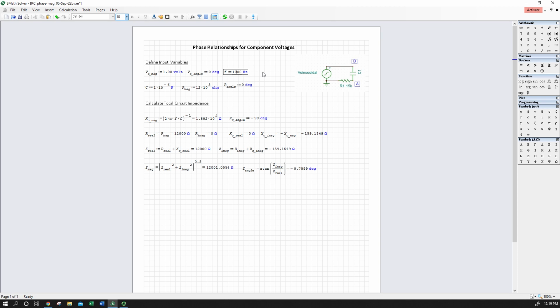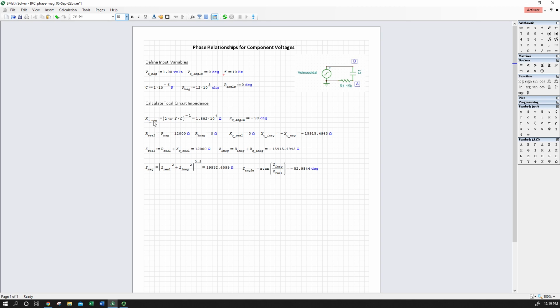That would make our capacitive reactance very high compared to our resistor, and we should see that reflected in our XC mag, in our Z mag value, and in our phase angle. So let's knock a couple of orders of magnitude off of our frequency, hit enter, and S-math recalculates for us. Here's the big strength of doing this as opposed to a sheet calculation.